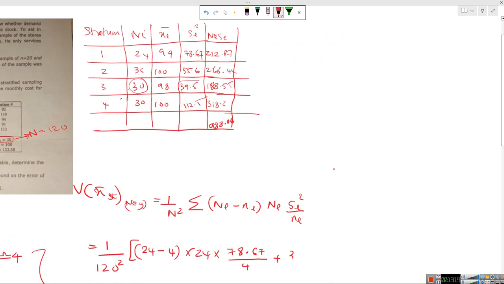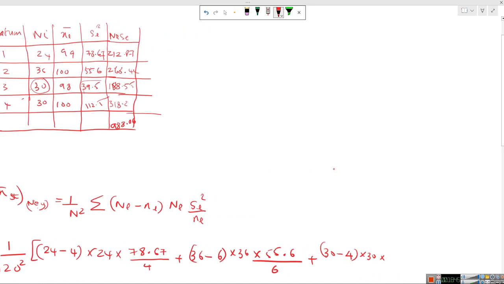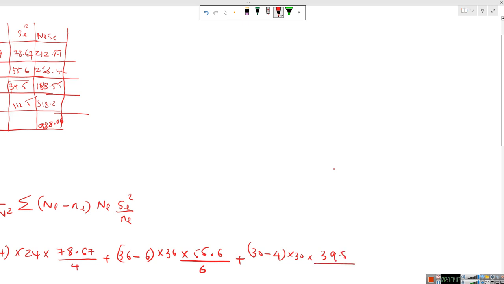Okay, 36 minus 6, yes, I found 6, into 36 into 55.6 divided by 6, plus again 30 minus 4 into 30 into 39.5 divided by 4, plus again 30 minus 6 into 30 into 112.5 divided by 6, and again I have to multiply this.